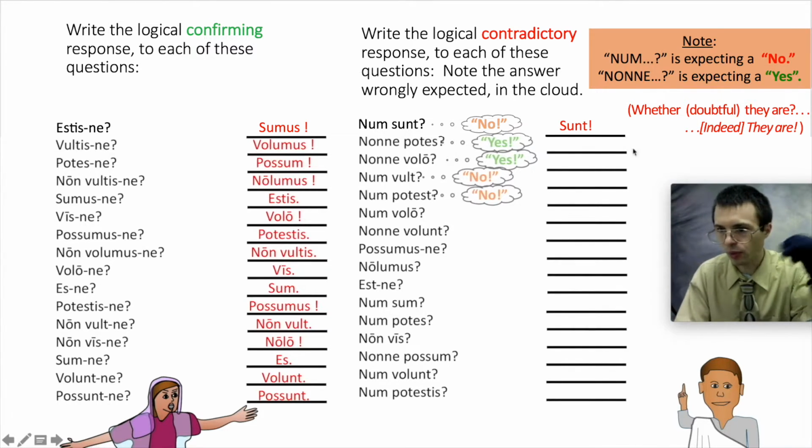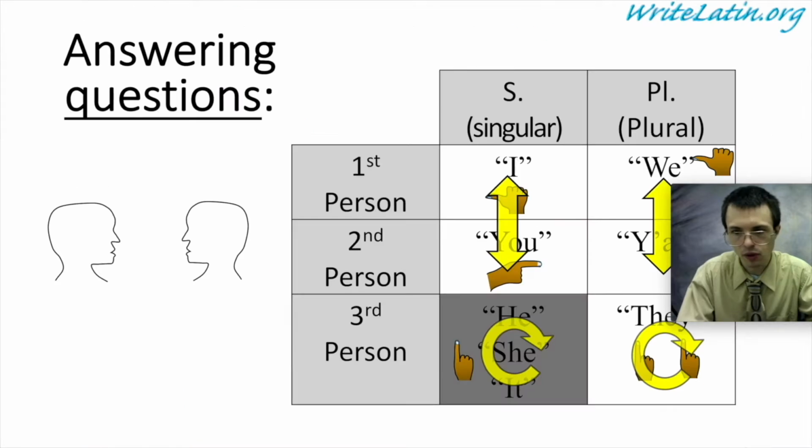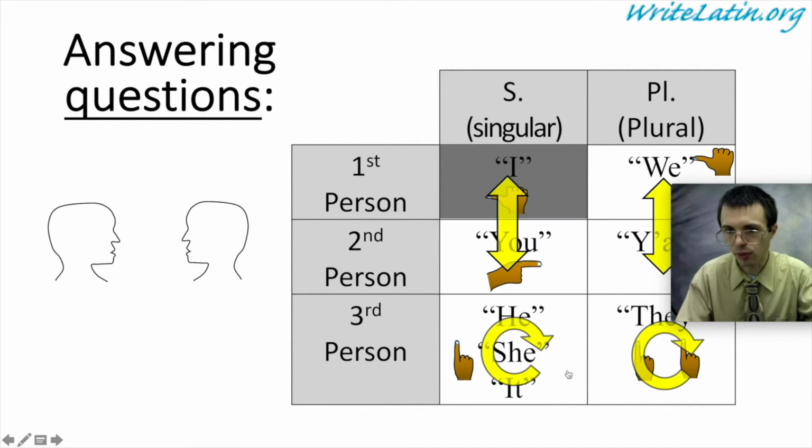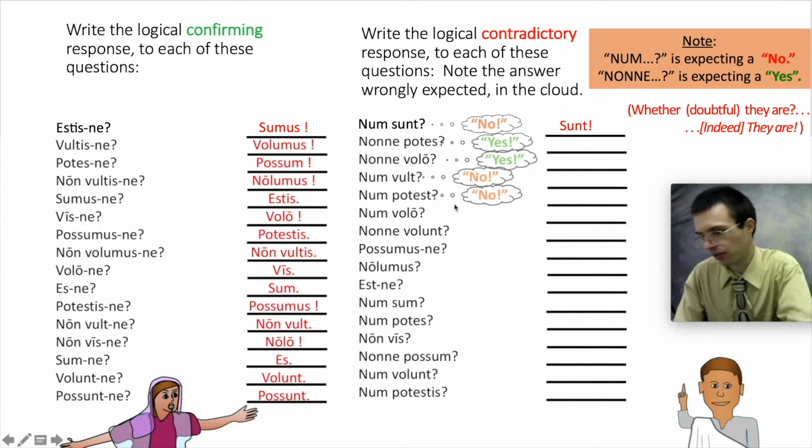Non potes, what would the response be? Well, you is the question, and going back to the previous slide, you gets responded to with I, right? Okay, so notice here that on this right column, I want you to give the contradictory response, denying whatever answer was expected. So whatever they expect, say the opposite.